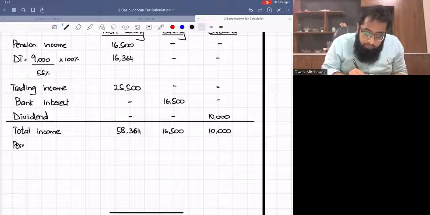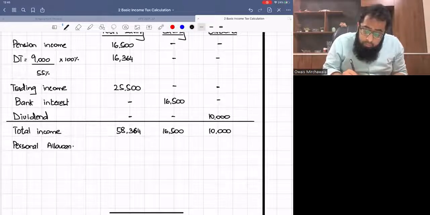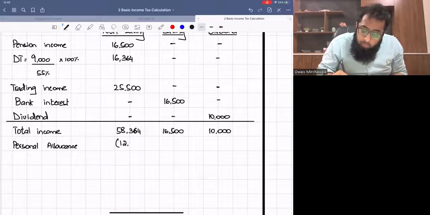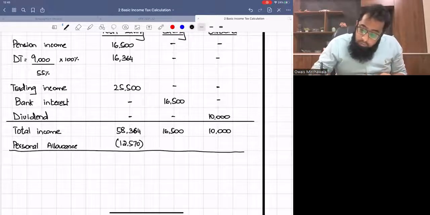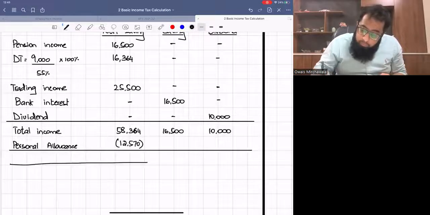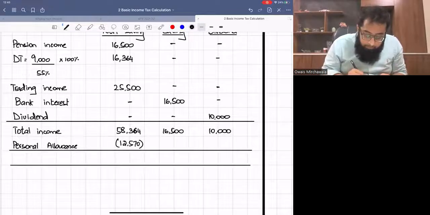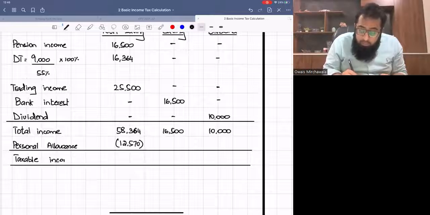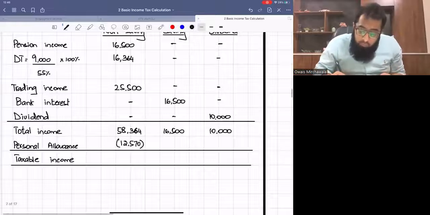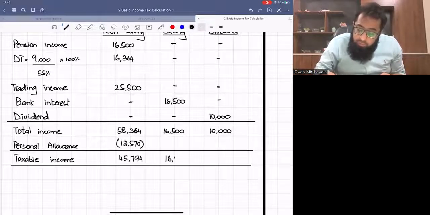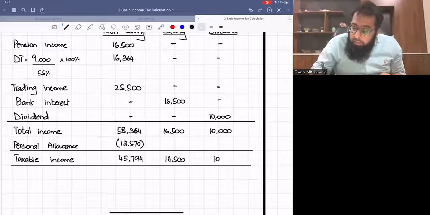Now we will deduct the personal allowance. The personal allowance is 12,570. This gives us the value of taxable income: 45,794, 16,500 and 10,000.